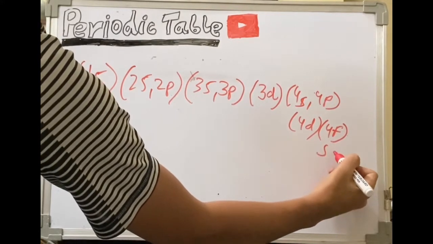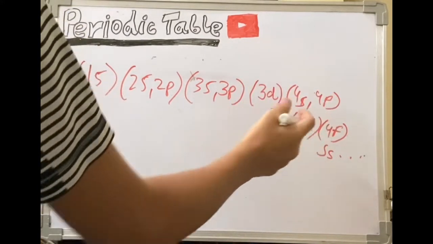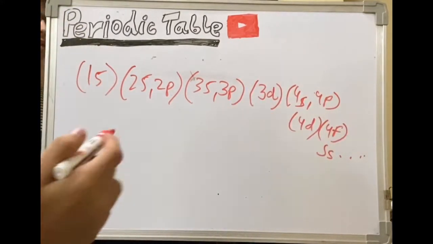And then there is phi s. We won't require that many values, so it's fine if you learn till there.